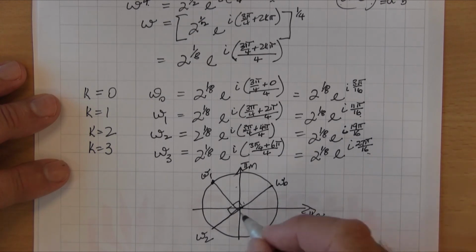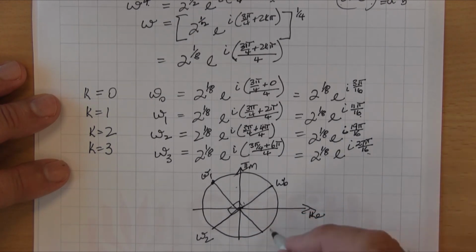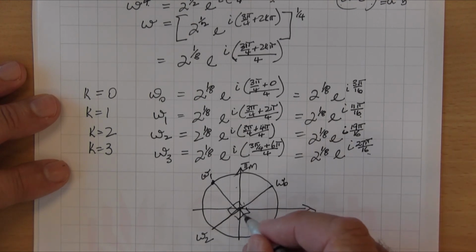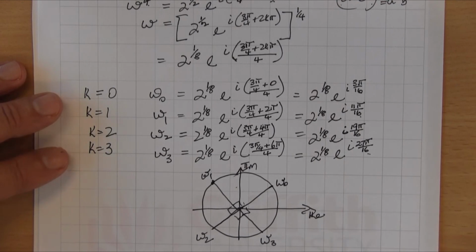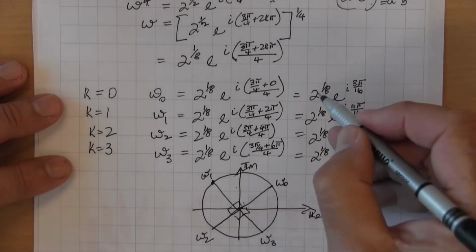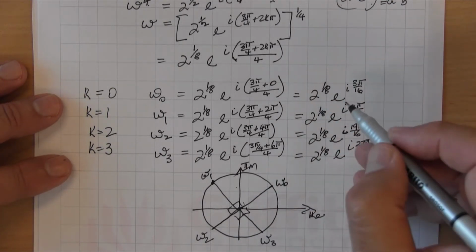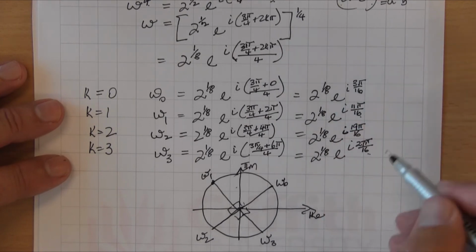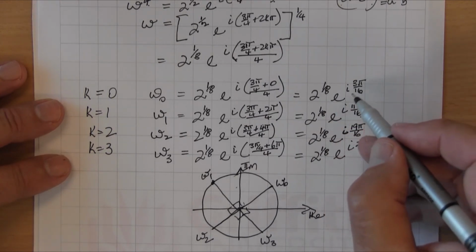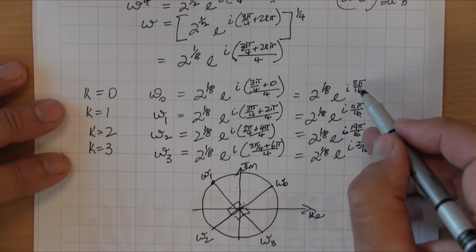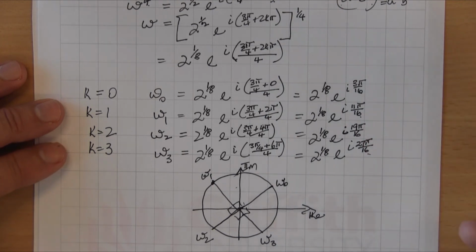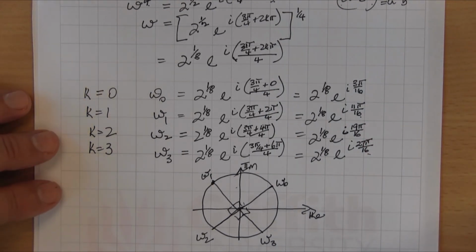That's a right angle. And this will be w3. That's also a right angle and a right angle. So they're equally spaced around the circle. The radius of the circle is 2 to the power of 1/8, which is the modulus. And the argument increases by 8 pi on 16, which is pi on 2 as we go around. So there are the 4.